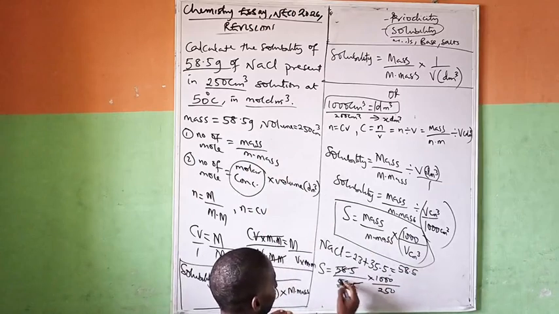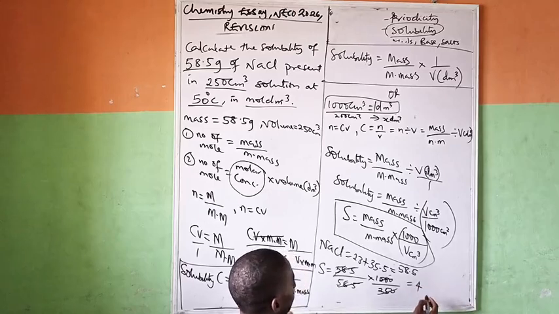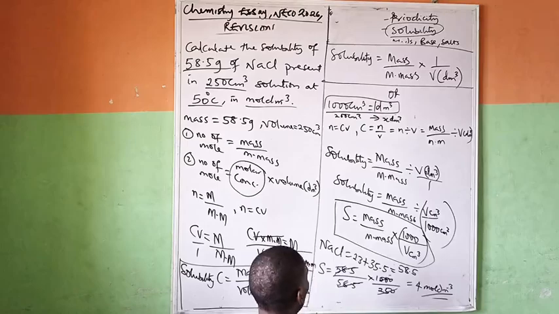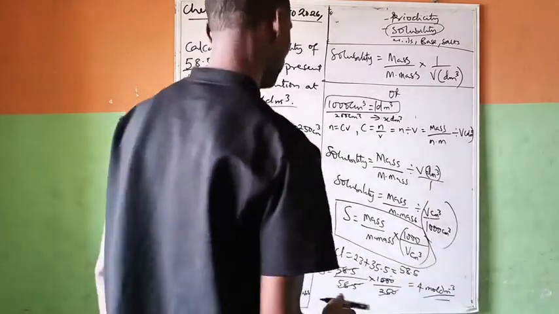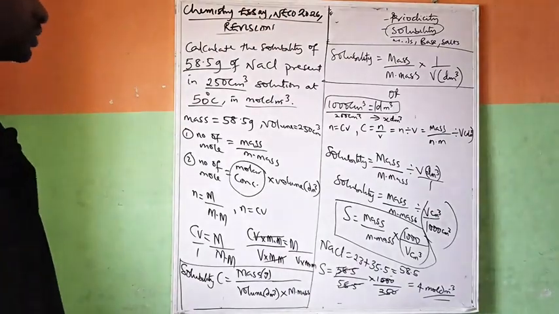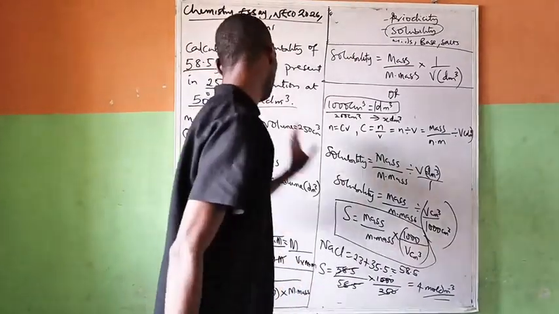This cancels this, and the answer is 4 moles per dm cube. That is the solubility of this substance.